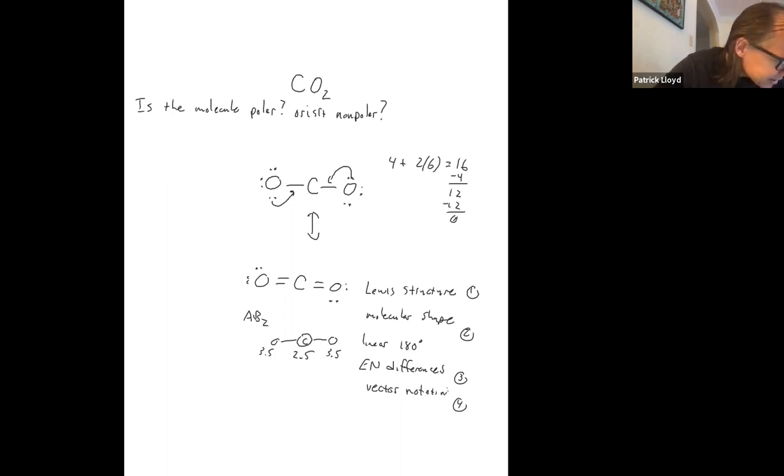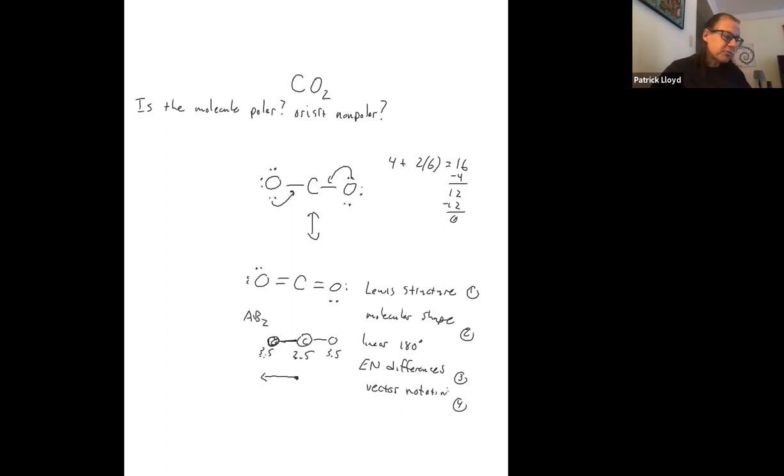Okay, so we're going to look at this bond first. So you do each bond separately. Carbon to oxygen. This one's more electronegative, this one's less electronegative. So we're going to draw a vector this way. Why is it pointing in that direction? Because oxygen is more electronegative than carbon.